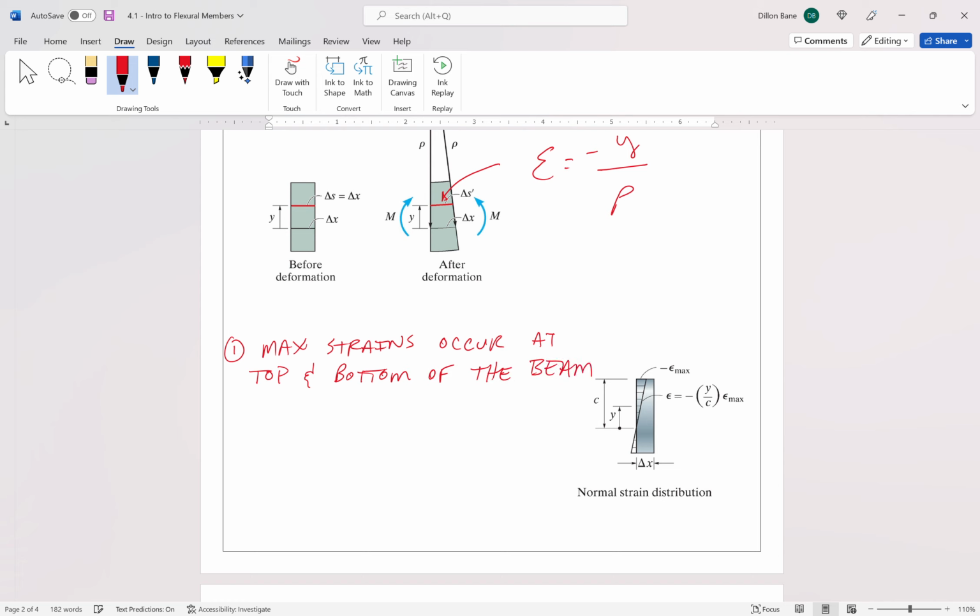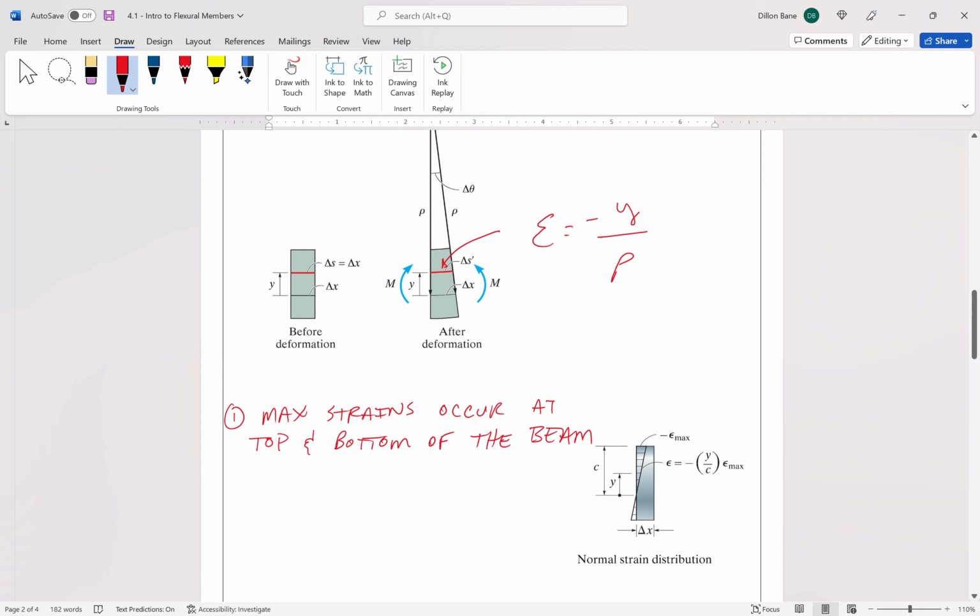That makes sense, because in this equation, with strain equaling negative y over rho, rho is constant, so y is the only variable. So as y gets bigger, strain will get bigger, and y is the distance from the neutral axis, labeled here.